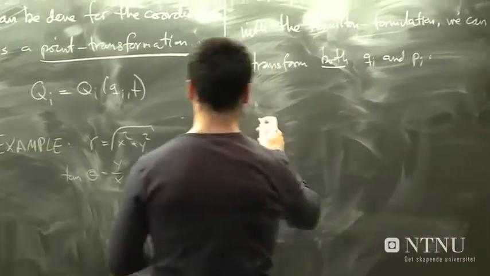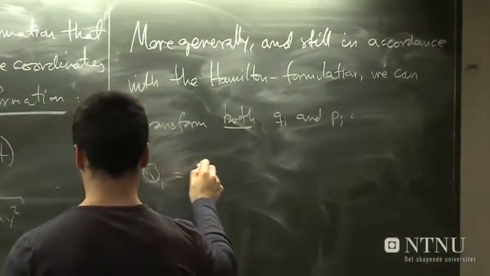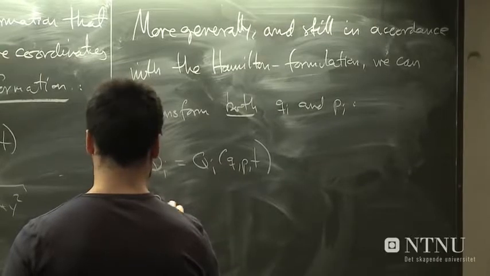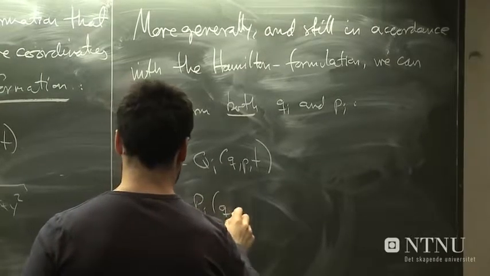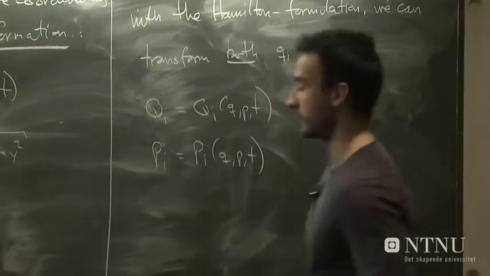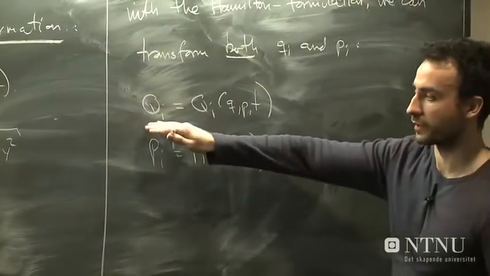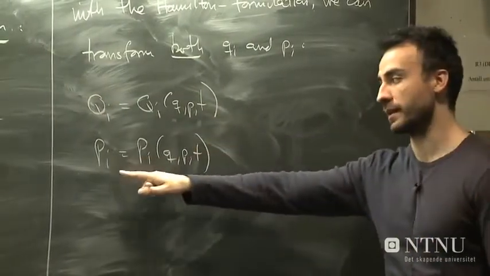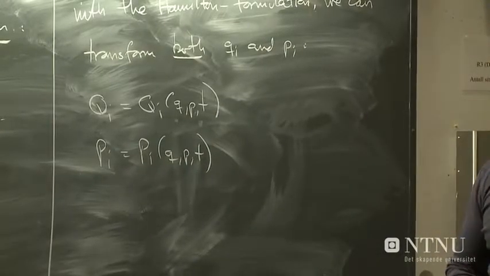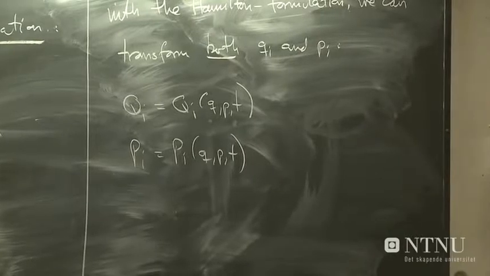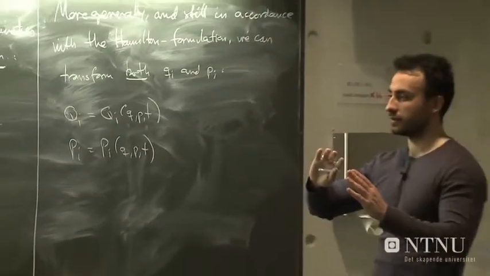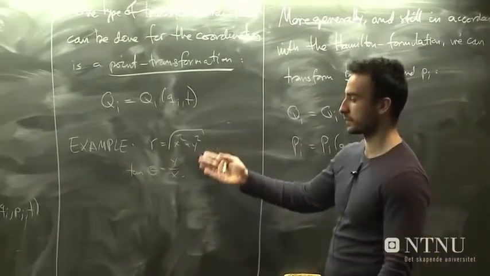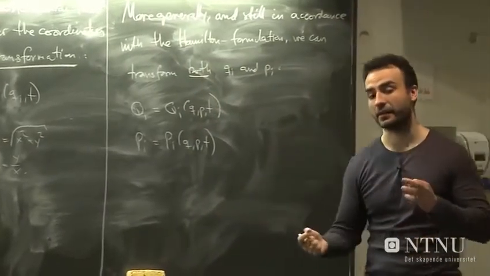So that might look something like this. So we're actually introducing a set of coordinates here which depend on both the old coordinates and momenta. And similarly, momenta which depend on q and p. So this is no longer just a new description of space, as in this case with polar coordinates, but it's a transformation of the entire phase space.